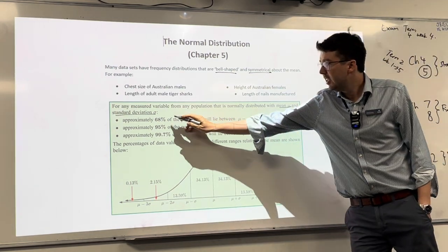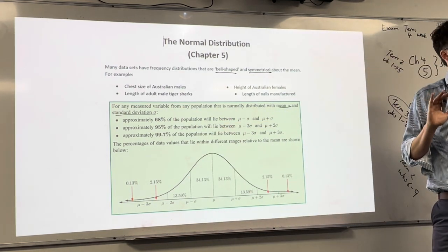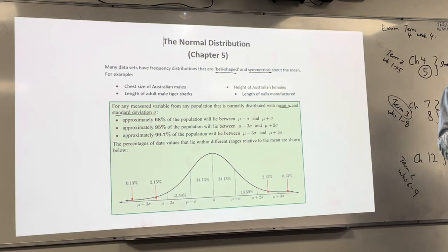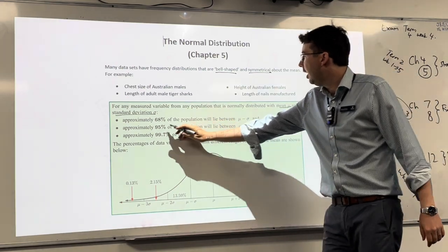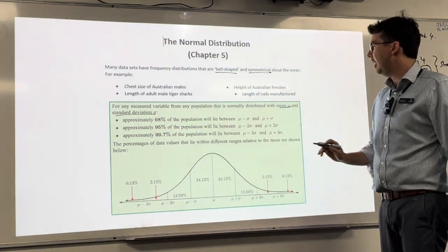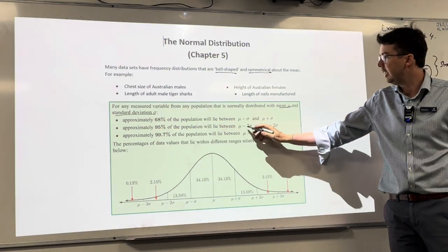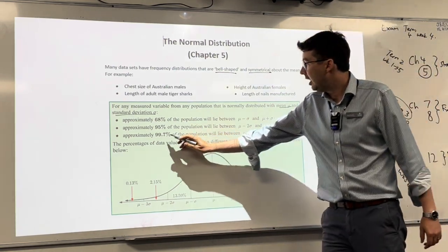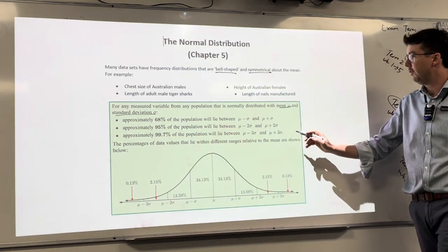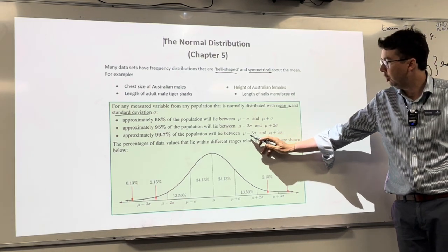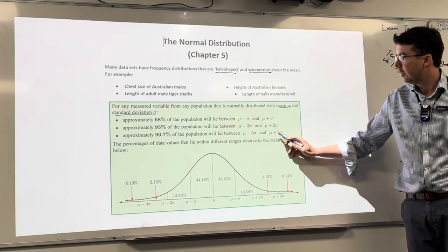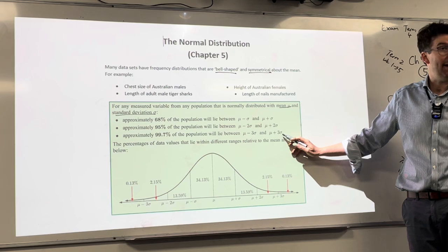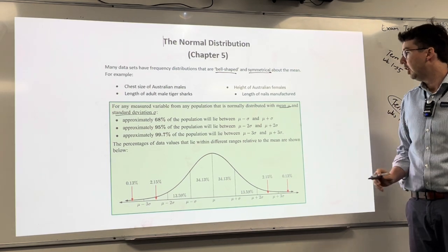It means 68% of the population lies within one standard deviation. Approximately 95% of the population will lie between two standard deviations. And lastly, approximately 99.7% of the population will lie between three standard deviations. Okay?